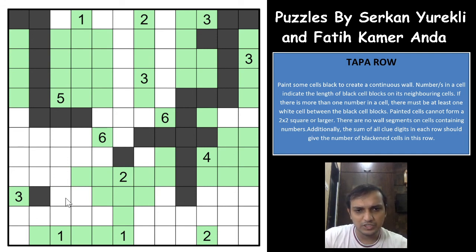Okay, this cannot be shaded, of course. If this is shaded, you'll have 3 shaded cells already in that row, so this will either go up this way, straight, or this way. Okay, anyway, you'll have one shaded cell in these 3 cells, one shaded cell in these 2 cells, and already 4 shaded cells.